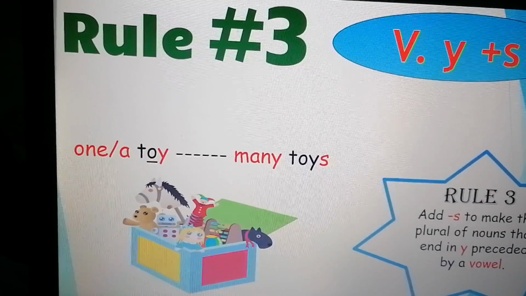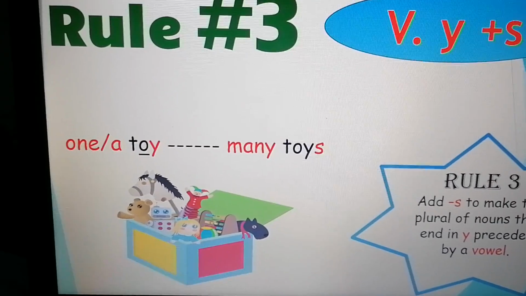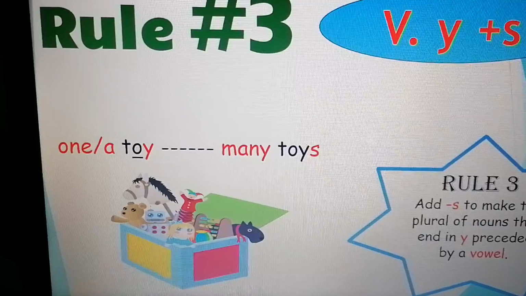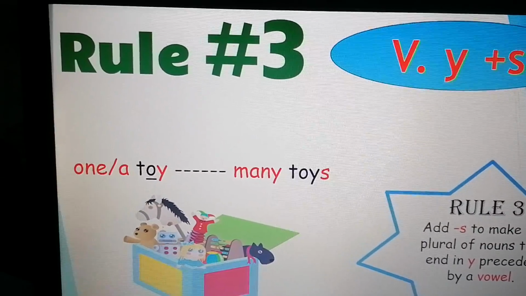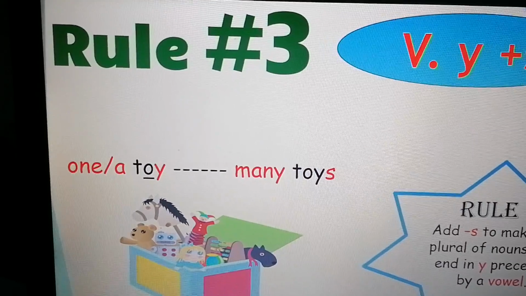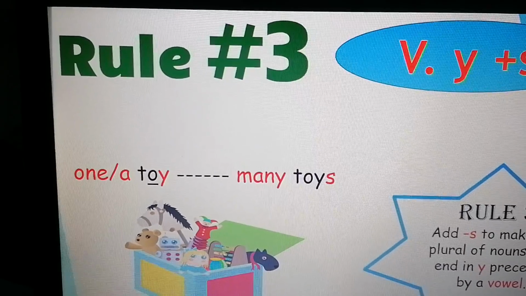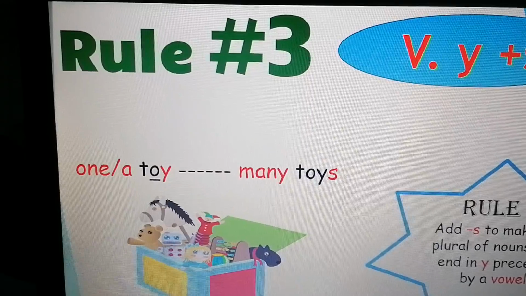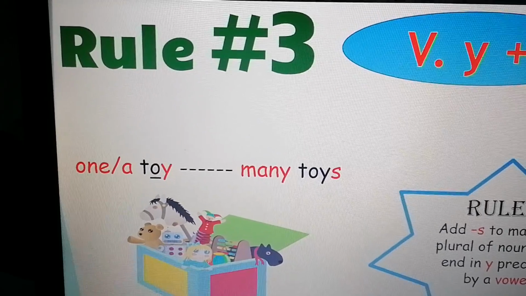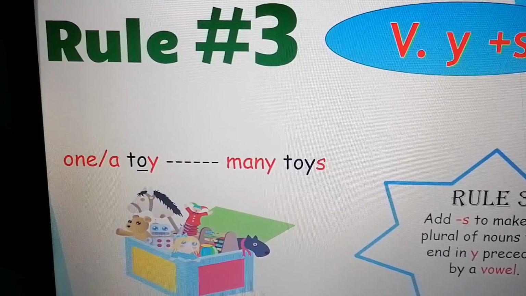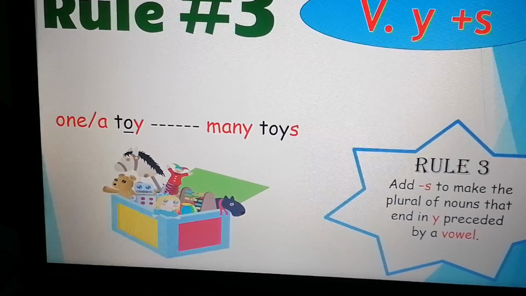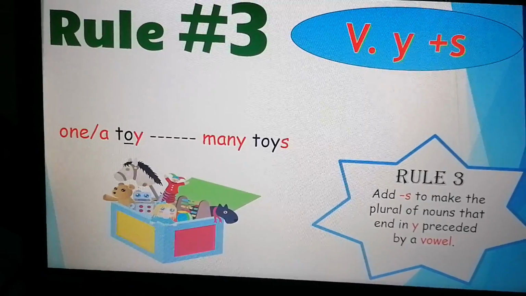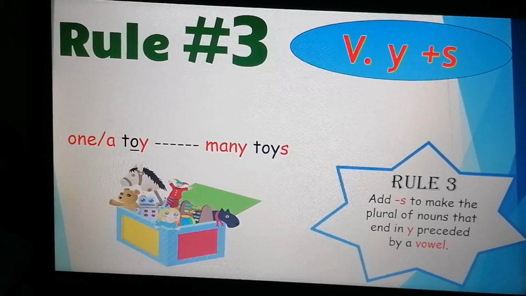Okay, like in one or a toy, many toys, it ends with a Y, and before the Y we have a vowel letter. Vowels are O, A, U, I, and E. For this case, we only add an S for the plural nouns to apply rule number 3.